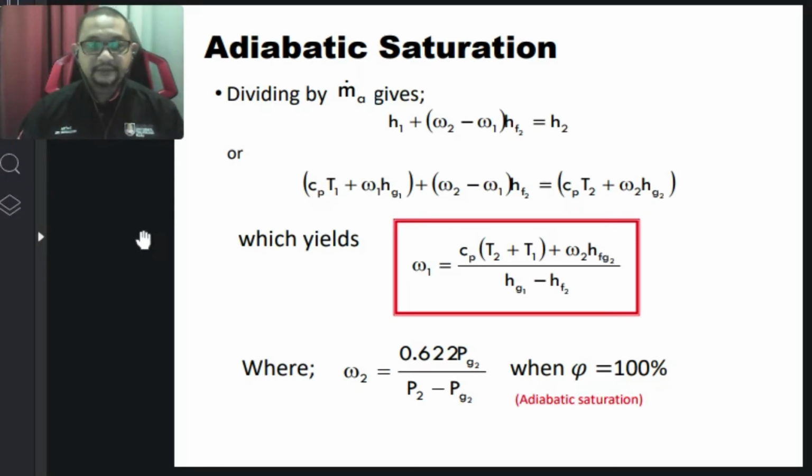So in general, the adiabatic saturation temperature is between the inlet and the dew point temperature.